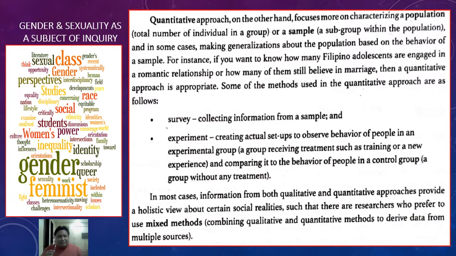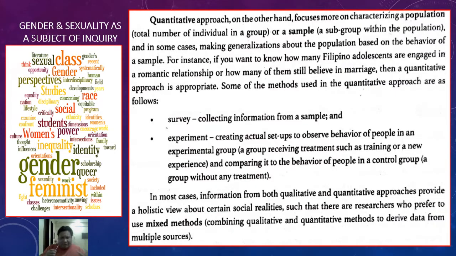For instance, if you want to know how many Filipino adolescents are engaged in a romantic relationship, or how many of them still believe in marriage, then a quantitative approach is appropriate.